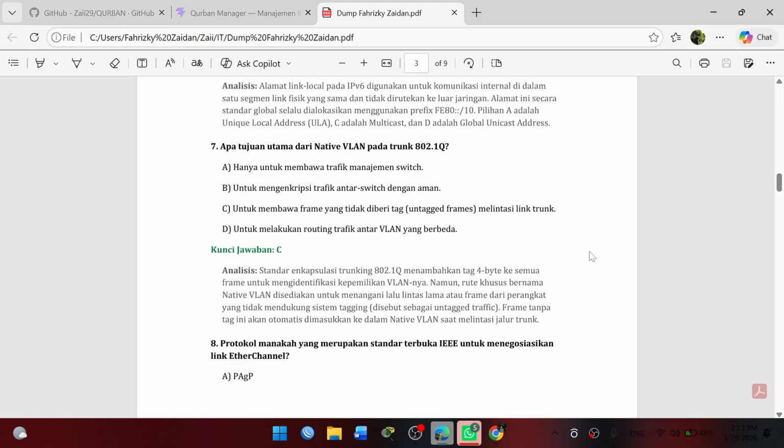However, the native VLAN is specifically designed to handle untagged traffic coming from legacy devices or devices that do not support tagging. When an untagged frame crosses a trunk link, it is automatically placed into the native VLAN.